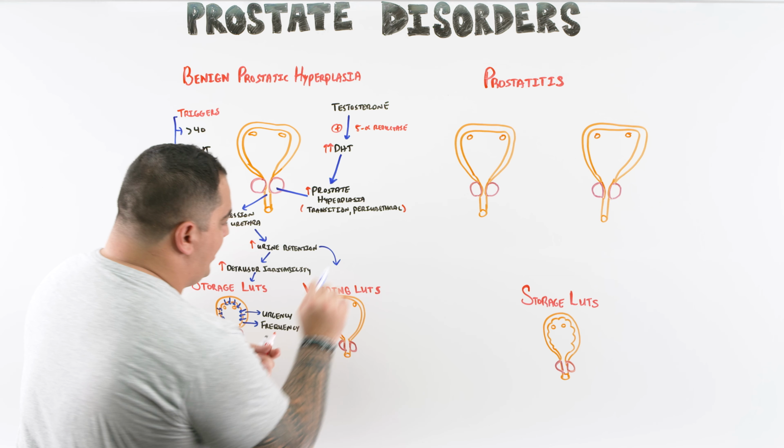So oftentimes they'll present with urgency and frequency. That's one of the biggest things. That'll start to increase. They'll have to go to the bathroom very, very quickly and very frequently because of the bladder contractions.